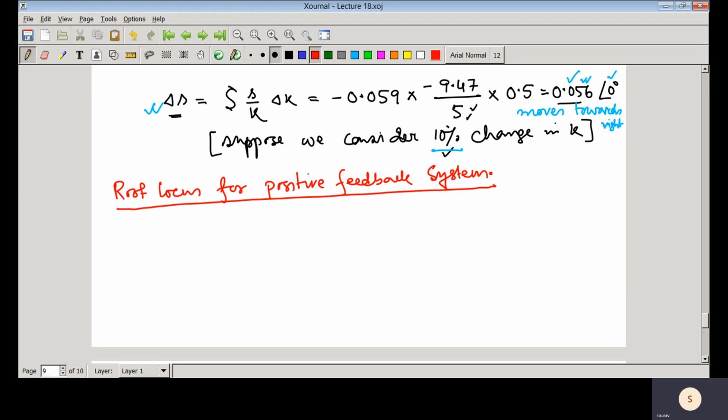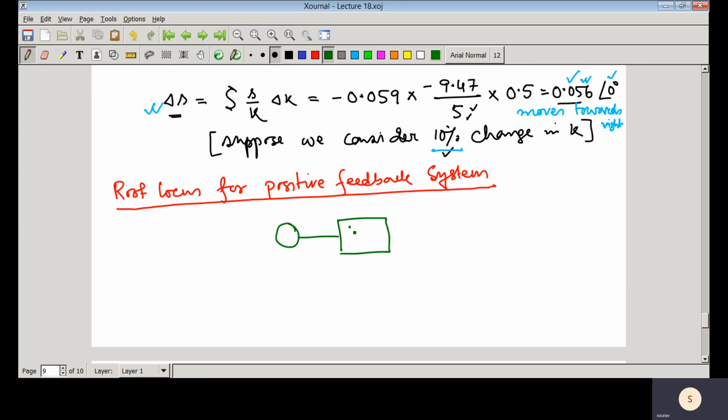Now I'll be just giving you the idea. That means whenever we consider a positive feedback structure, what would be the difference with the negative feedback structure that we have discussed so far?